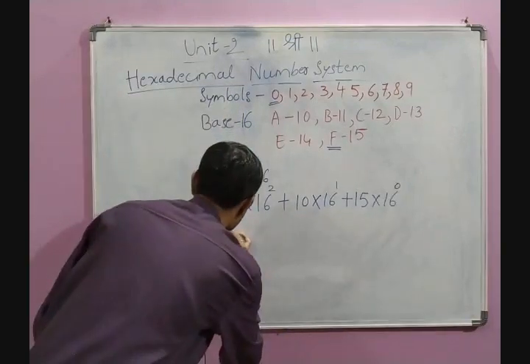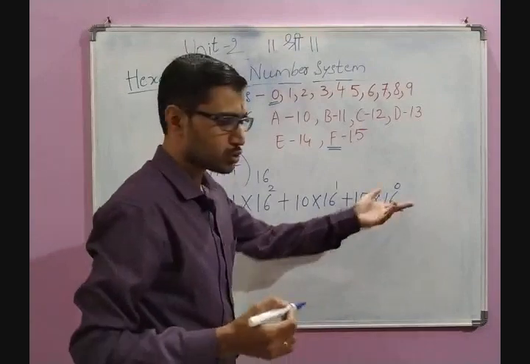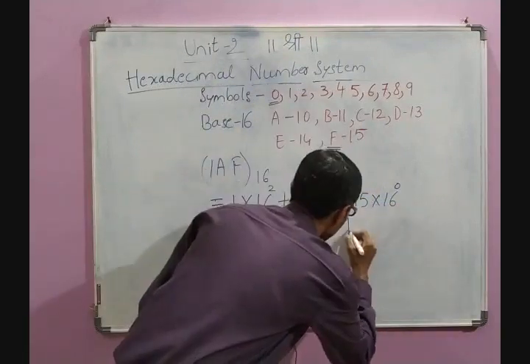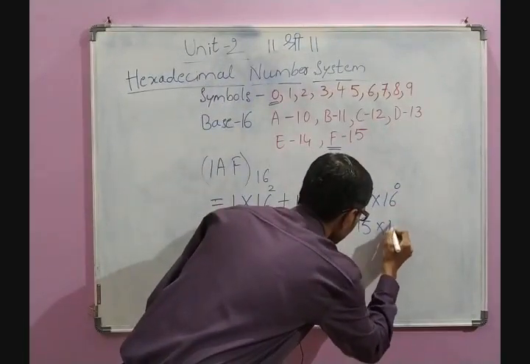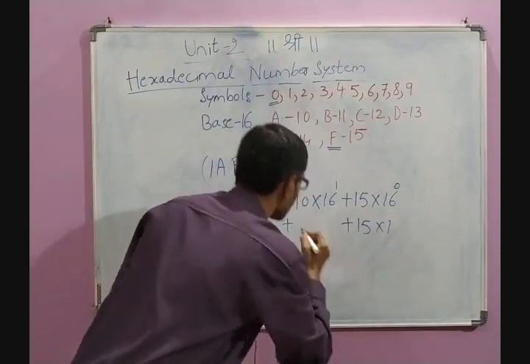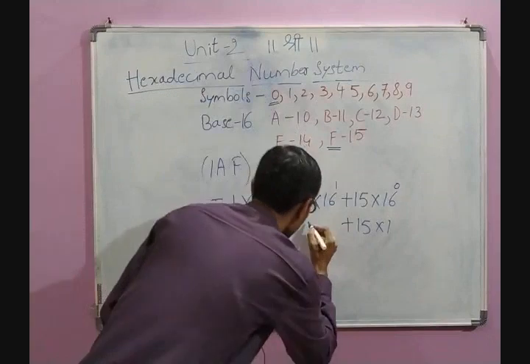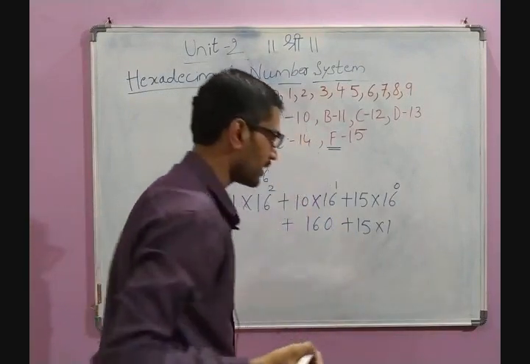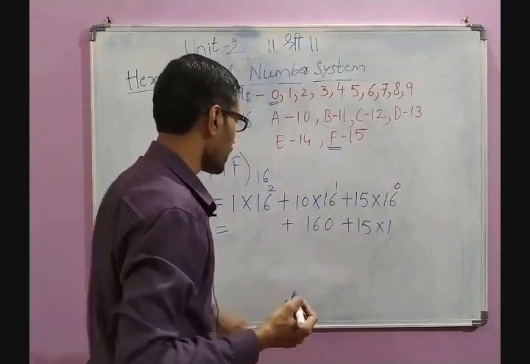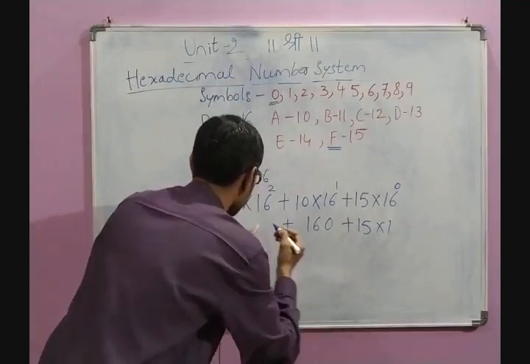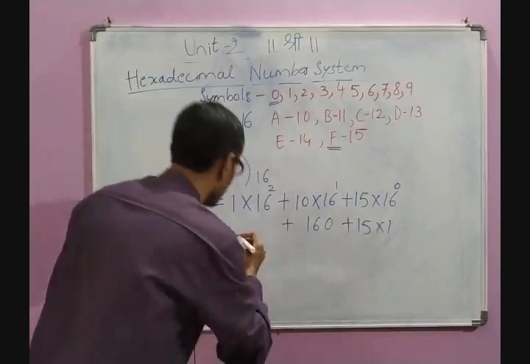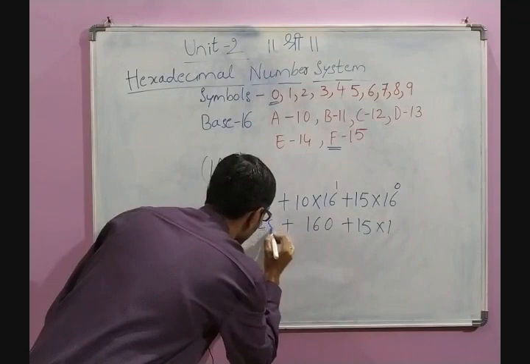So now this value we can write as 16 raised to 0, which is 1, so 15 into 1, and then 16 raised to 1 is 16, multiplied by 10, sorry, so it will be 160 directly, and then we have 16 squared. 16 squared is 256, so 1 into 256.